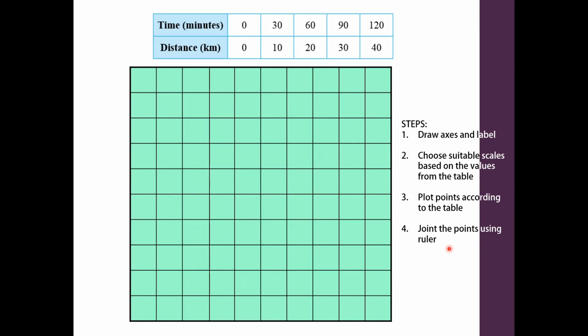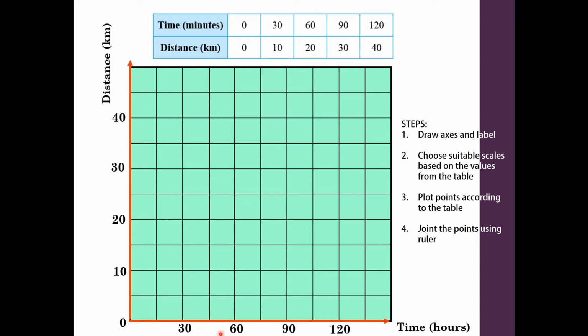In distance time graph we have 2 axes, the vertical and the horizontal one. The vertical should be distance and the horizontal should be time. Then we put the scales. Always remember the vertical axis should be distance and the horizontal should be time. I already scaled here according to the given values, and then plot the points according to the values.